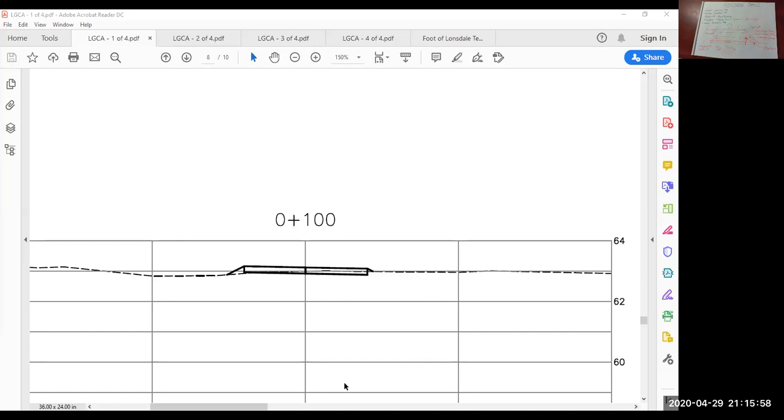Meaning your average end areas, you're going to have an average cut and an average fill, right? Because if you remember, this column averages these two. So if we did this one, it would be the 0.3 plus the 0 and divide by 2. So it's 0.15 of cut, average. Same thing with the fill here.